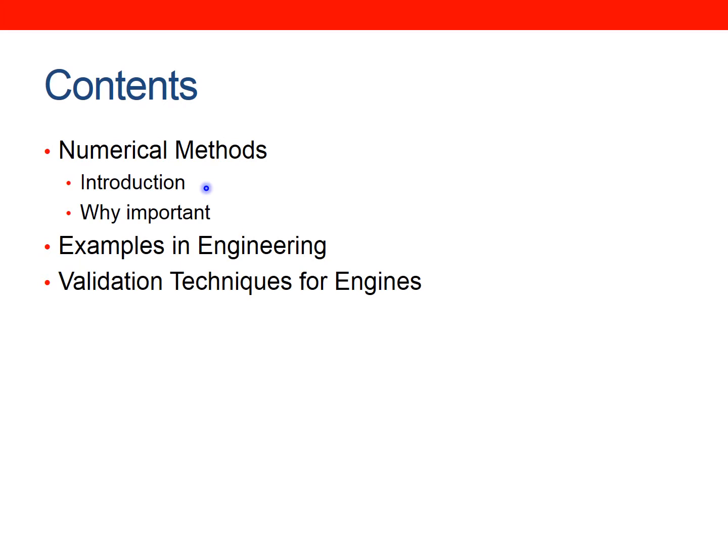That's a very important point. They can be used to solve pretty much any problem as long as we set it up correctly. And as I mentioned at the end, there is certainly a place for validating computational codes to ensure that the codes we are using are representative of what's happening in reality.